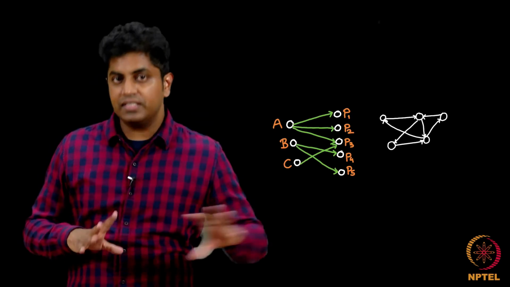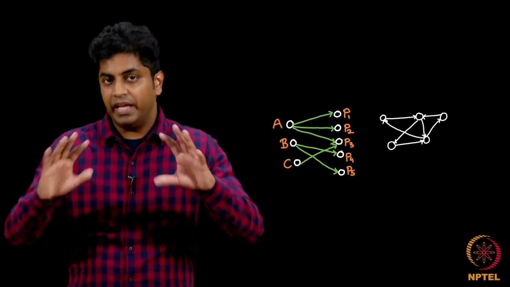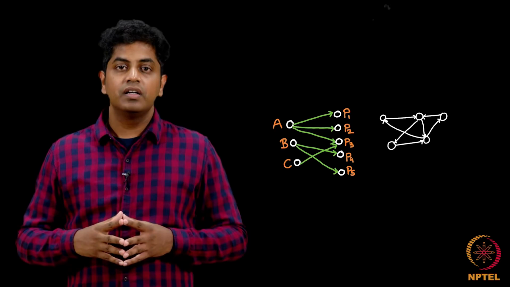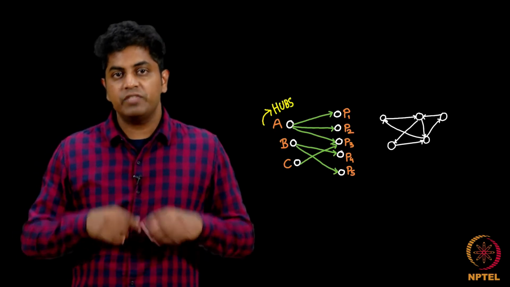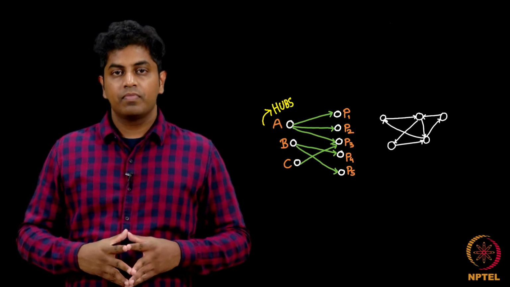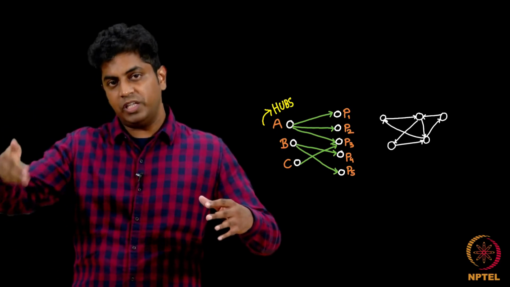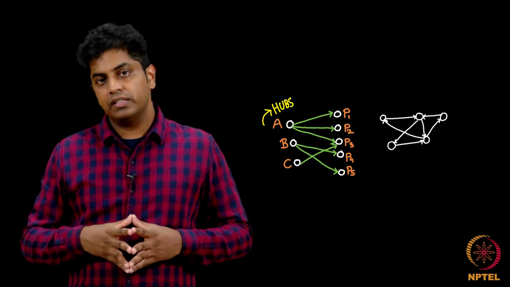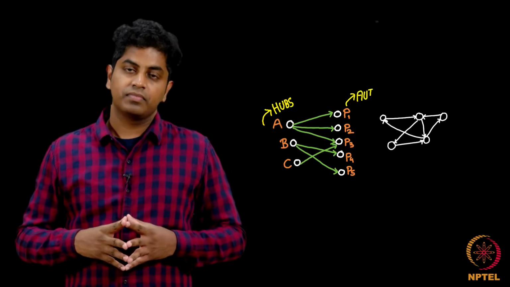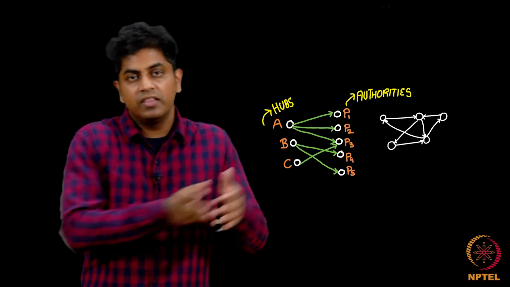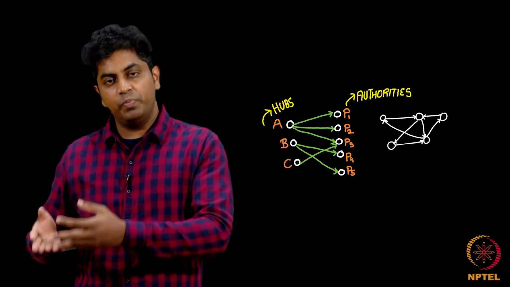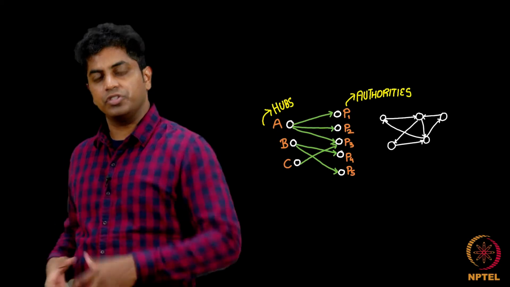A recommender is, let us call it by a name, there is a standard name for it, let us call it hubs. Hub means a place where you get information, and the places themselves, P1, P2, P3, P4, P5, we will call authorities, okay. If you want some advice, you go and ask these ABCs, they point you to P1, P2, P3, P4, P5 where you have your solution.